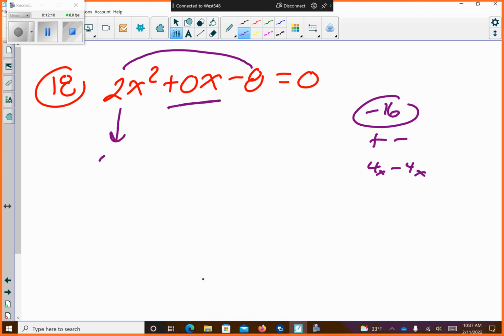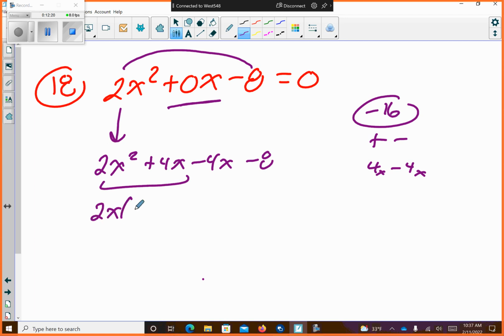So, and this one, there's a couple ways to do this one. This one I think is going to work out just fine, though, if we do it this way. So then I have a 2x in common there. And that gives me x plus 2. The minus sign comes down. I have a 4 in common between those. X plus 2.